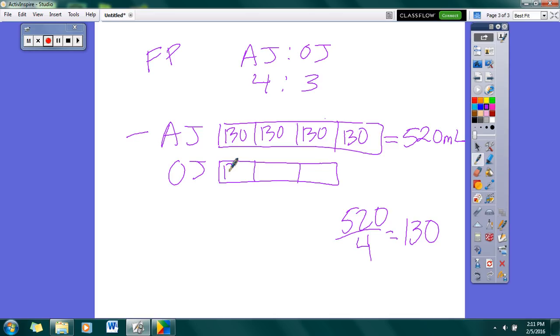Now, since all the parts are equal, I'm going to fill that in. And this tells me that I have 390 milliliters of orange juice because I have to take 130 and multiply that by 3.